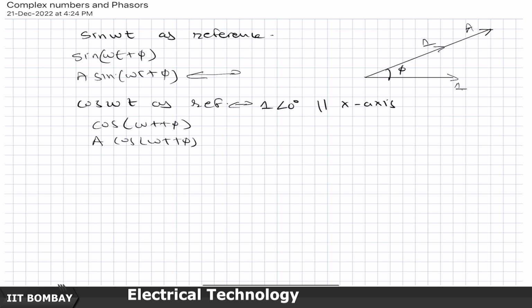You don't have the liberty to change the reference midway through. You have the liberty to choose sine omega t or cos omega t as a reference.